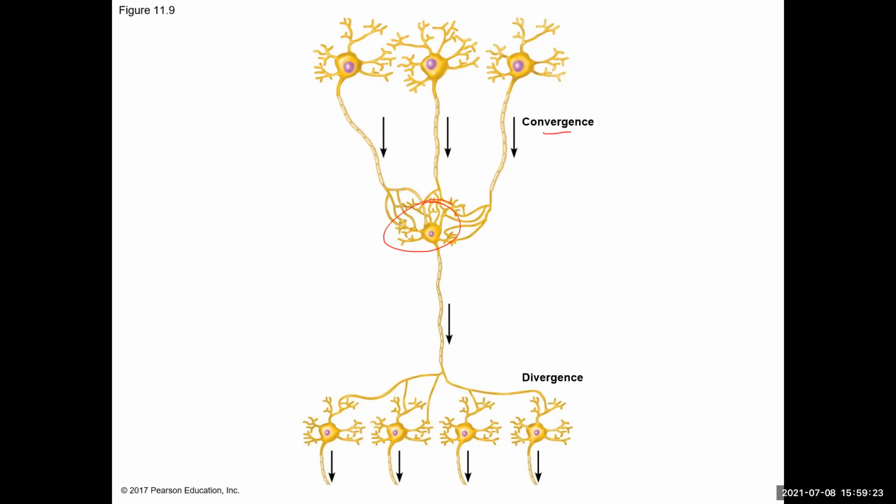So again, that's convergence and divergence. So that's how action potentials are transmitted to their targets. And like I mentioned, the response is determined by the neurotransmitter, how many neurons are interacting with that postsynaptic cell, and what exactly that postsynaptic cell is, whether it's muscle or another neuron or some other cell inside the body.